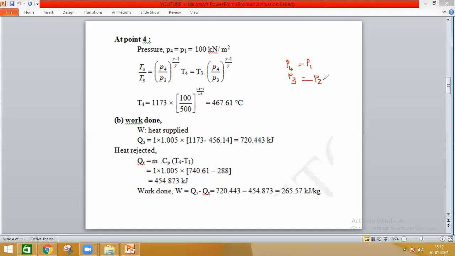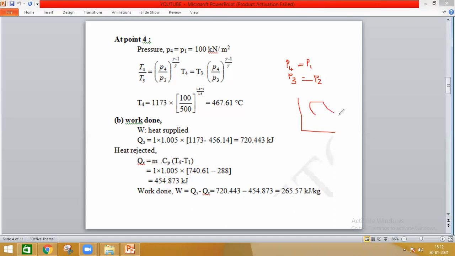Here at the end of the compression stroke, we know that pressure is 500 kilonewton per meter square. Likewise, before entering into the compressor, P1 is equal to 100 kilonewton per meter square. So P4 is equal to P1, P3 is equal to P2. That we have seen from the PV diagram itself.